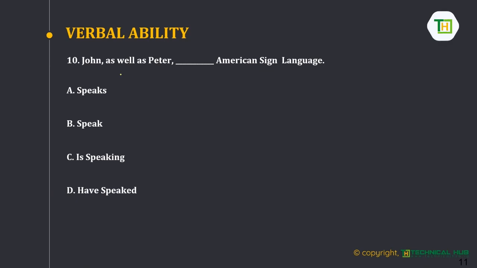Here two members are there, and especially as well as is there. So you always use the plural form of the verb. It is very important. You can use the plural form of the verb here, and that is speak. Speaks you cannot use. Is speaking, because two members are there, how can you use is?